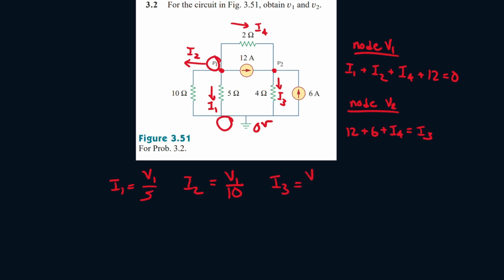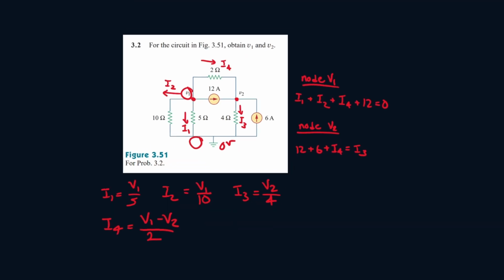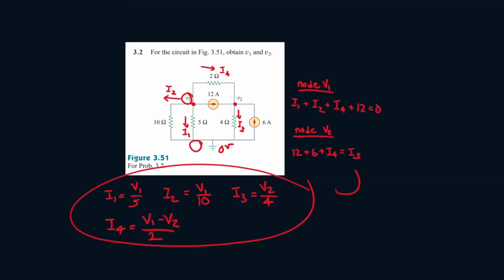I3, it's V2 minus 0 all over 4. I4, it's V1 minus V2 all over 2. So let's plug all of these into these equations.